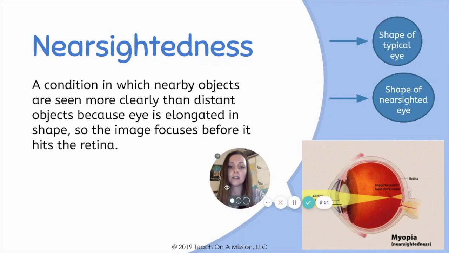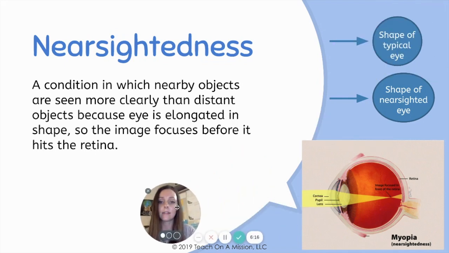Okay, let's talk about the difference between nearsighted and farsighted. Some of you might be familiar with these terms if you have glasses or you've gone to a vision doctor, but nearsightedness is a condition in which nearby objects are seen more clearly than distant objects because the eye is elongated in shape. So the image focuses before it hits the retina.